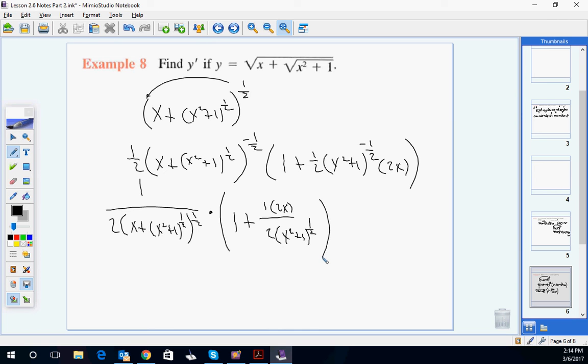Yep, so that's the derivative of the inside. I have to chain rule this guy right here I took the derivative of. So I drop the 1/2, subtract the 1, derivative of the inside is 2x.